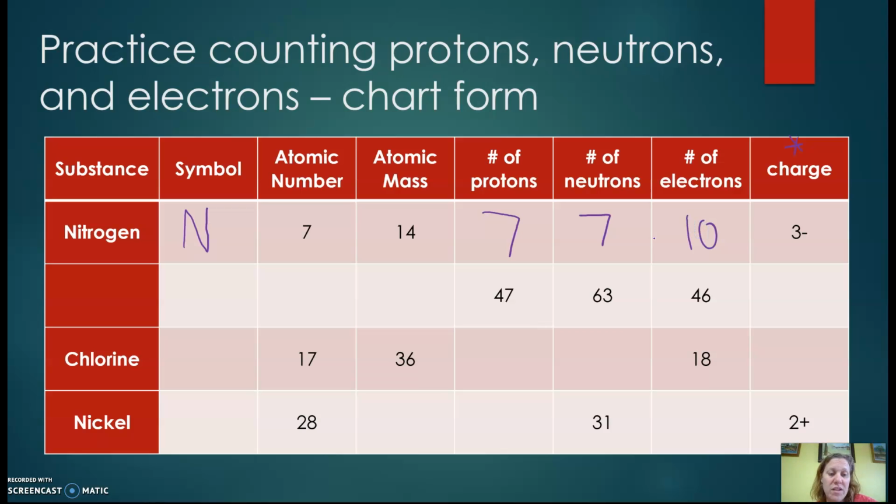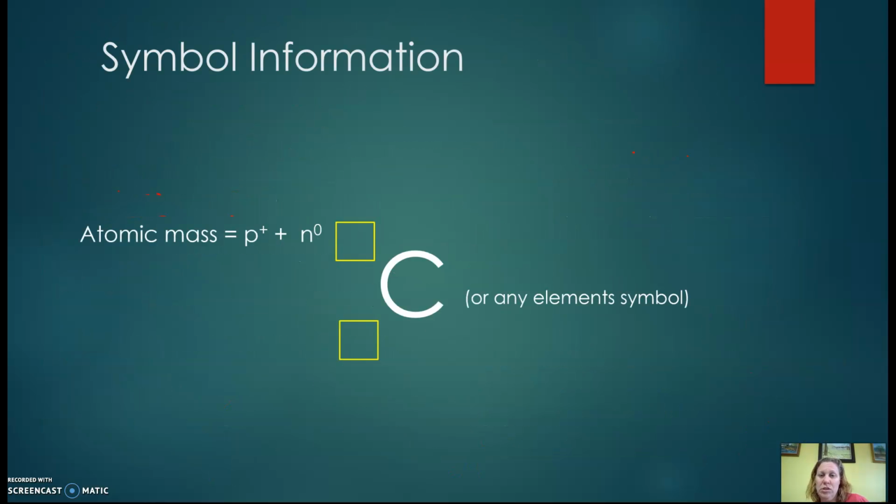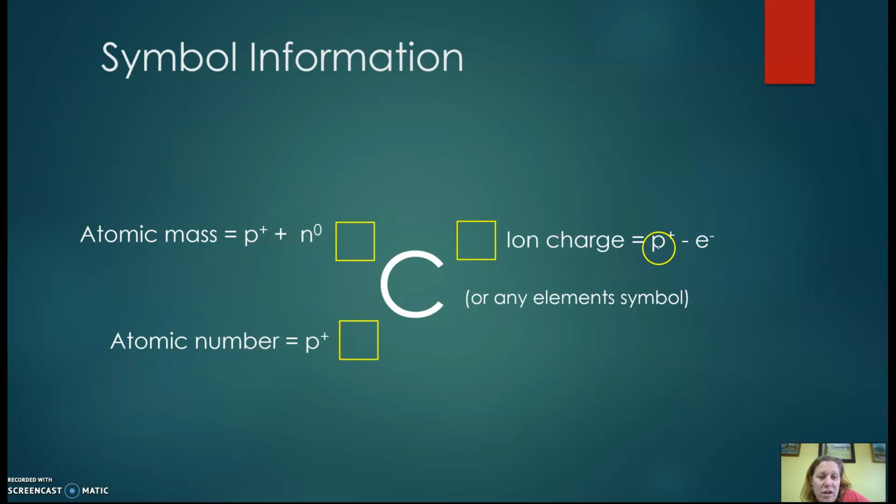So what's opposite? Let me go back. Remember our symbols? This is why I did protons minus electrons. When you do protons minus electrons, if you have more electrons, you're subtracting a bigger number. We just did it: 7 minus 10 is negative 3, right?